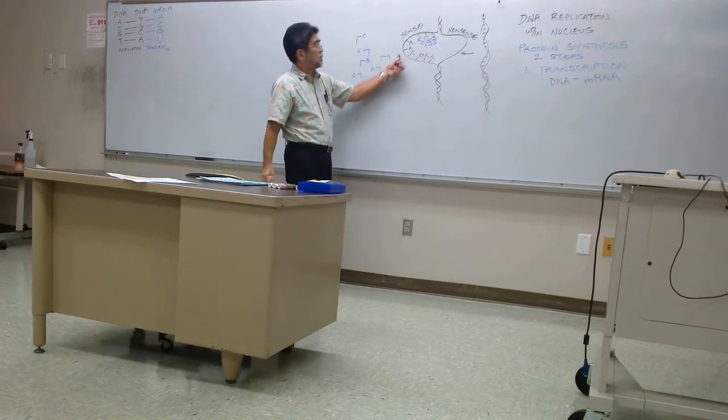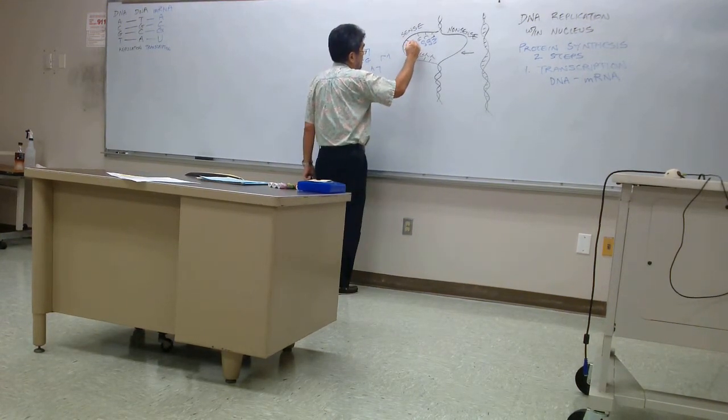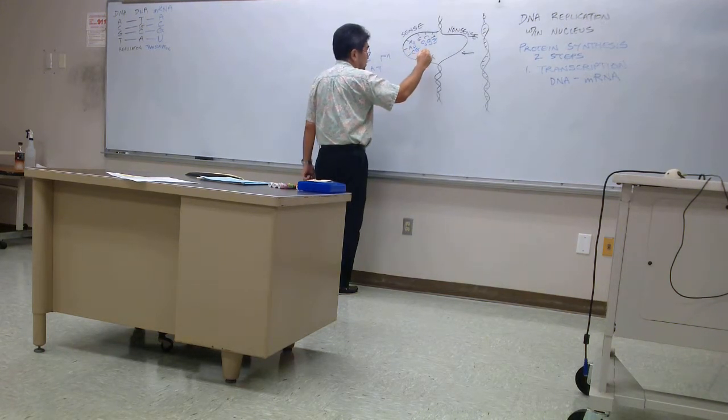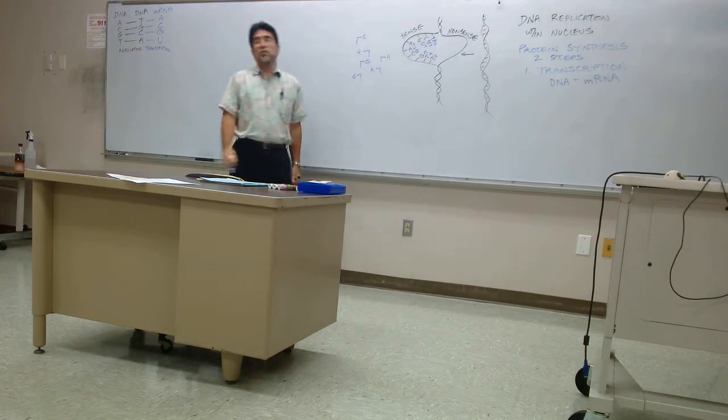And where there's adenine, cytosine on the DNA sense side, it would be uracil, guanine. And where there's, well, anyway, I don't know. That's how the matching would go.